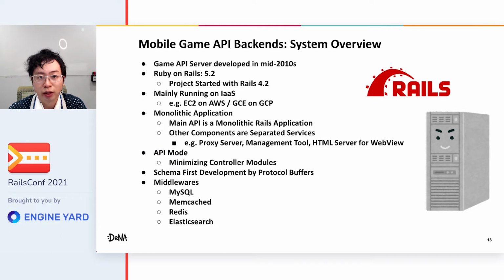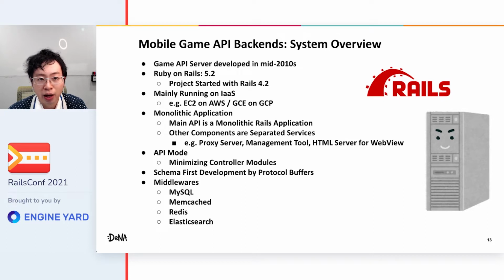This slide explains the system overview of our mobile game API backends. We started developing our game API server in mid-2010. The system is running on Ruby on Rails 5.2 and mainly running on IaaS.